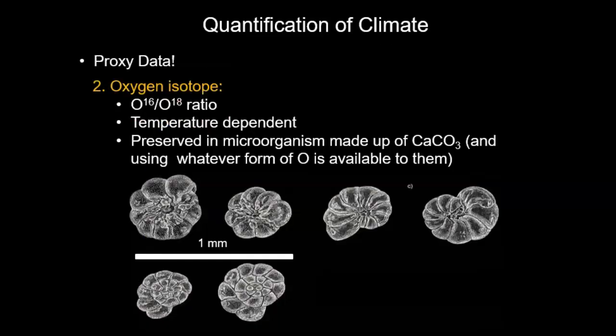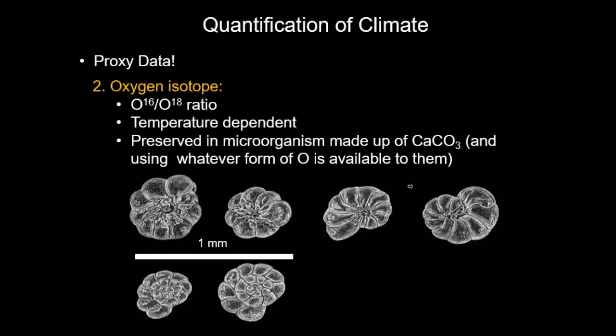So, in much the same way that we use the stable isotope analysis for the delta O16 to O18 in the ice cores, we can use it for understanding the temperatures during the time of formation of the marine organisms. So remember from chapters 18 and 15 that isotopes are different representations of atoms from the same element. So these will have a different atomic mass due to the number of neutrons that they have in their nucleus.